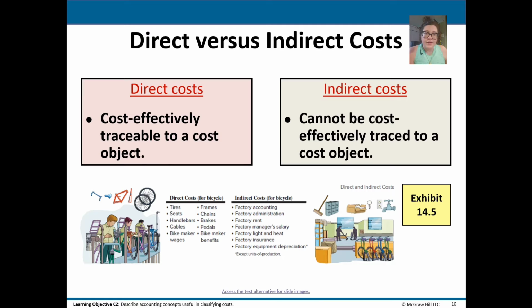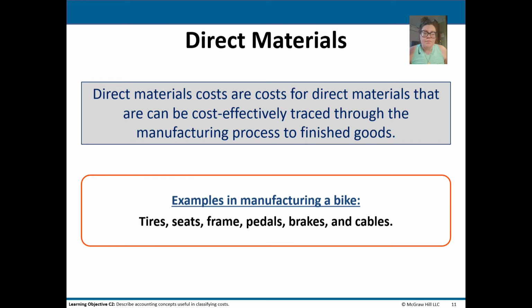So you have direct materials, and those are just the materials that are crucial parts of the finished product. Direct material costs are cost effectively traced through the manufacturing process, all the way through to finished goods. So let's take a bike, for example.